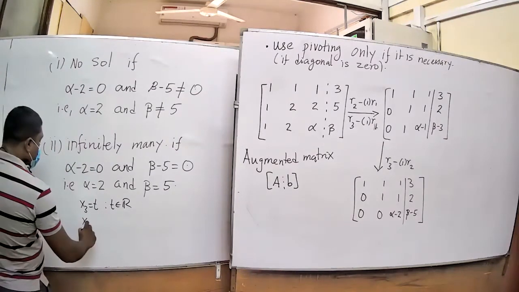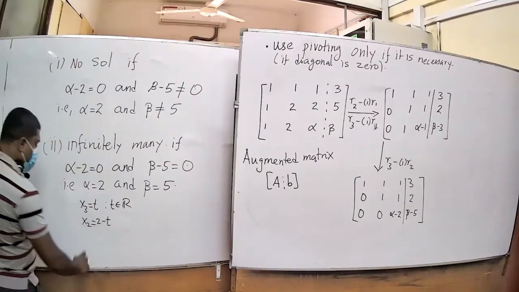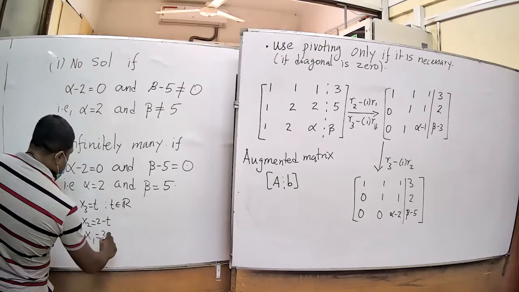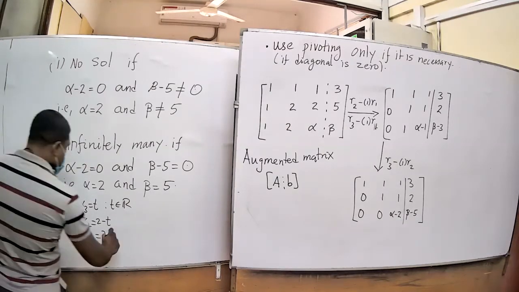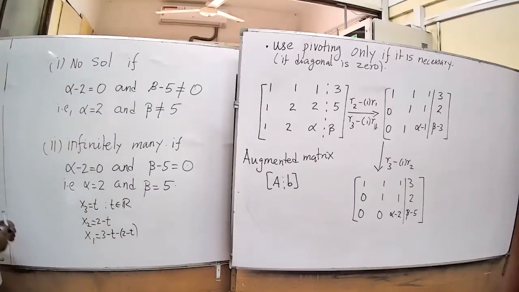So your x2 becomes 2 minus x3, that is t, and x1 is 3 minus x3, that is t, minus x2, which is 2 minus t. So if you solve this, you can write the solutions. That is the infinitely many case.